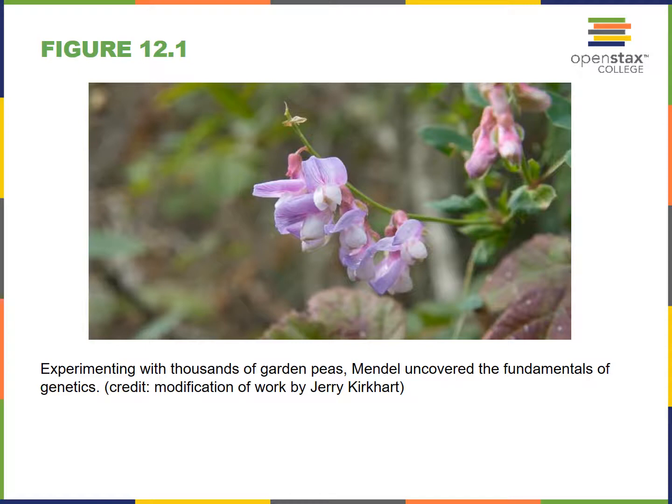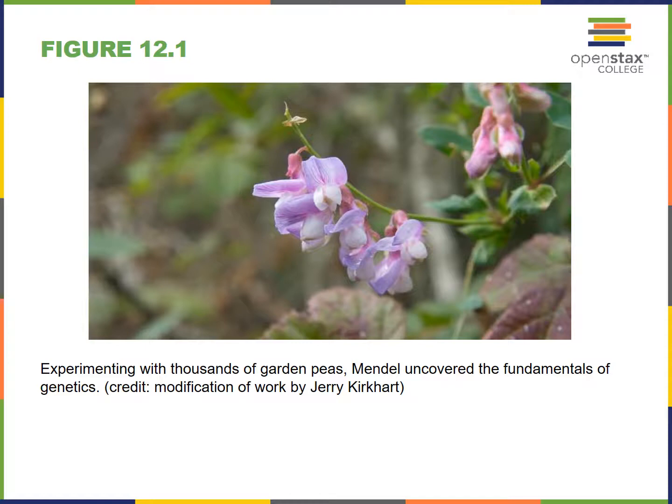So most of the first studies on complete dominance in genetics were done by Johann Mendel. He picked a model system of garden peas.